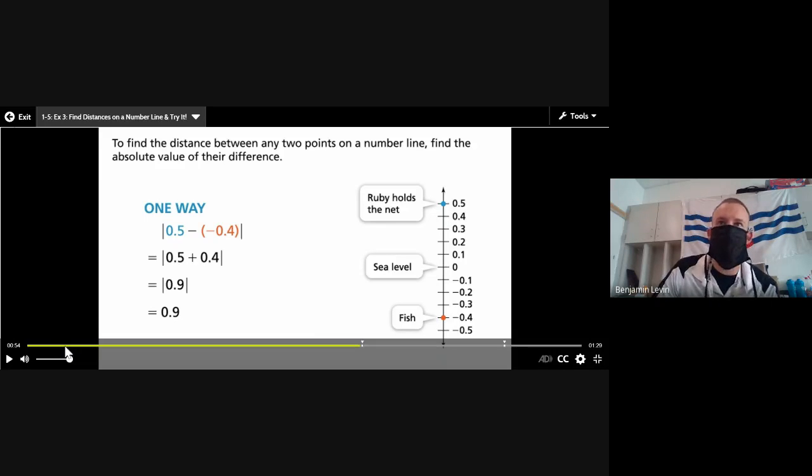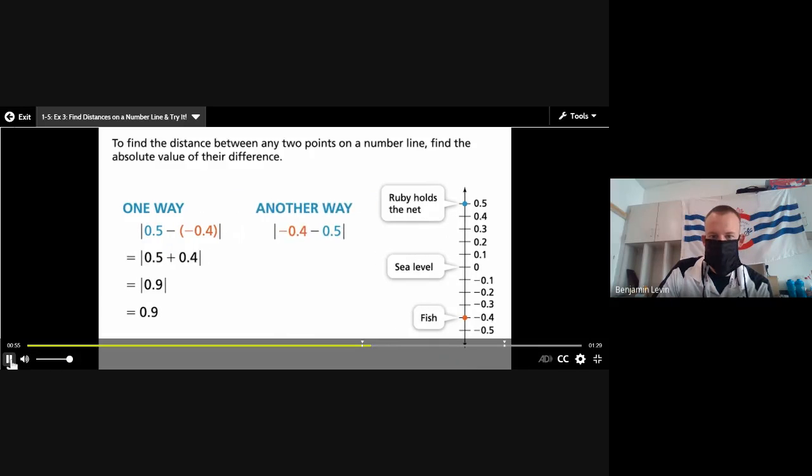So let's look at the other way. Another way to express the difference is the absolute value of -4/10 minus 5/10. Subtracting a positive number is equivalent to adding its opposite. The expression is equivalent to the absolute value of -9/10, which is 9/10.